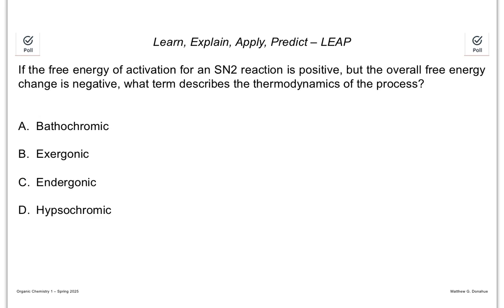If the free energy of activation for an SN2 reaction is positive, but overall the free energy change is negative, what term describes the thermodynamics of the process? So that's the first part.